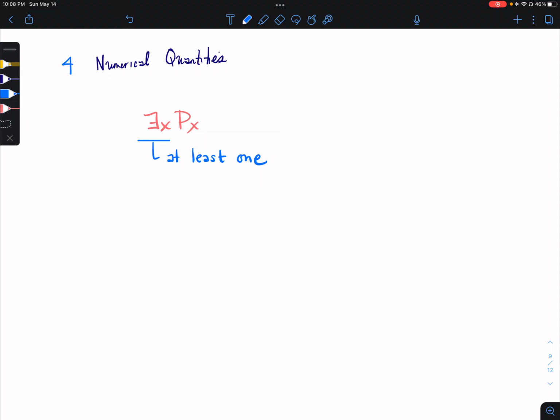If our predicate P means, something boring like we've been using, is mortal, then this means at least one, assuming the domain is persons, at least one person is mortal. Someone is mortal.